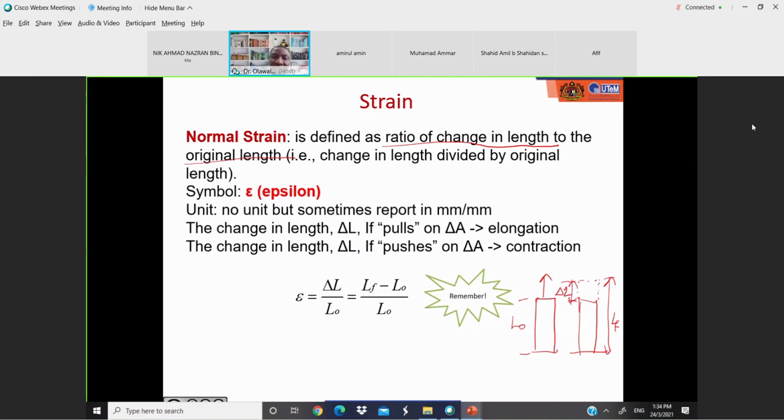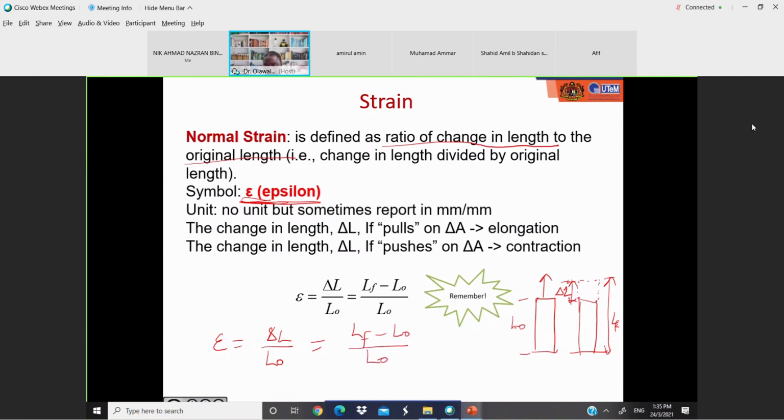So my normal strain is denoted by epsilon. My normal strain epsilon is change in length all over original length. Change in length divided by original length. And this is the same thing as this minus this is equal to this. So you have L final minus L original, divided by L original.